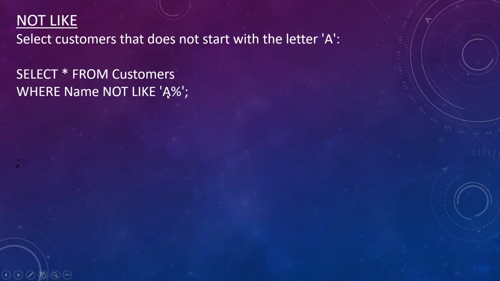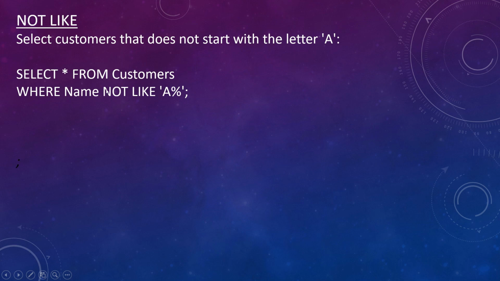If I want all the names that start with A, I write A first and then percent, and since it's text, I enclose it in single quotes, where name NOT LIKE.